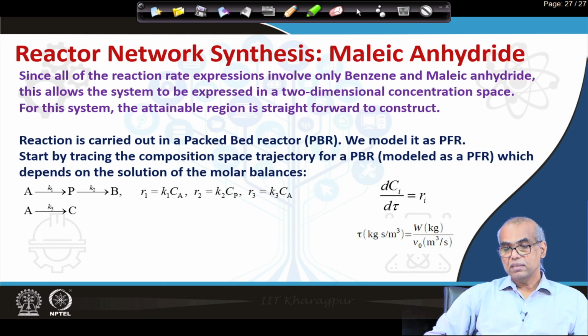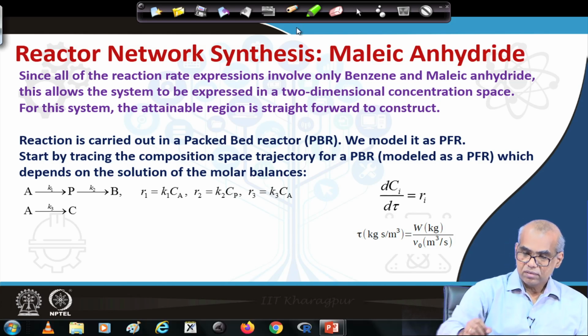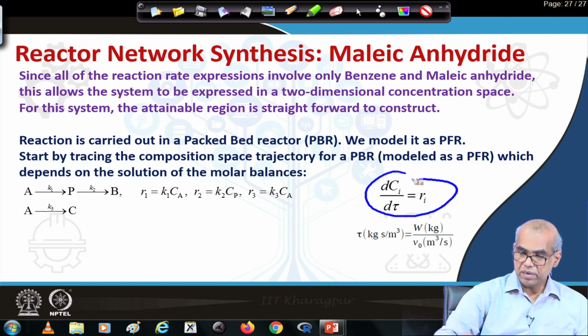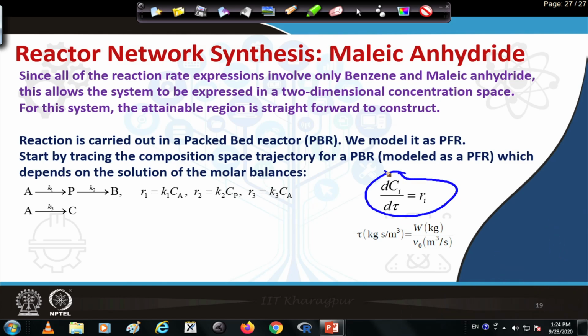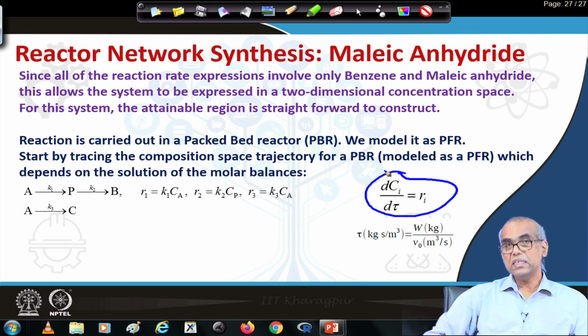We discussed that dCi/dτ equal to Ri is obtained for a plug flow reactor. This is a catalyzed reaction. So, the space time τ we can write as W by V0. So, then note that this can be written as V0 into dCi/dW.